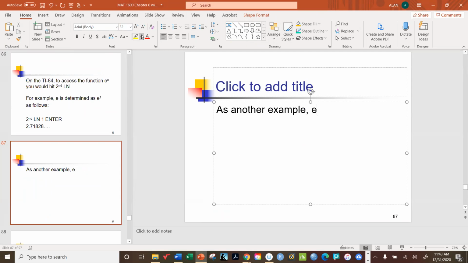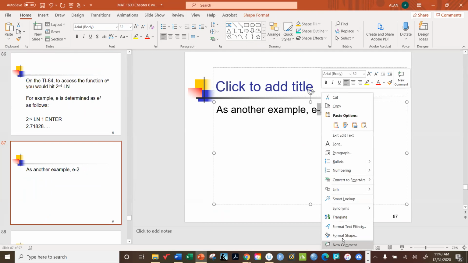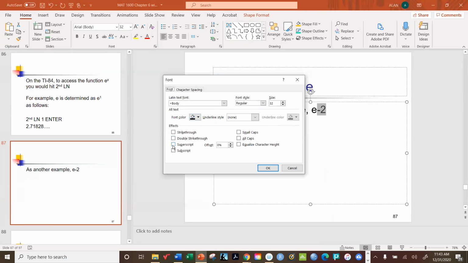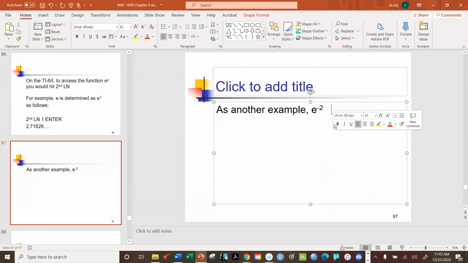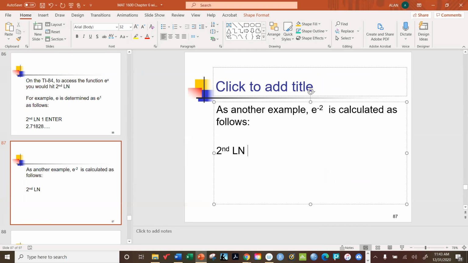Let's try e to the negative 2 power. It is calculated as follows. We hit second log, and then for this part, there is a negative button in the bottom right-hand corner.